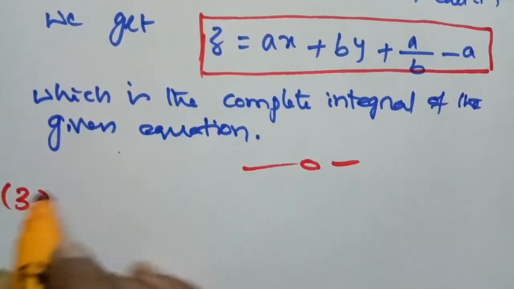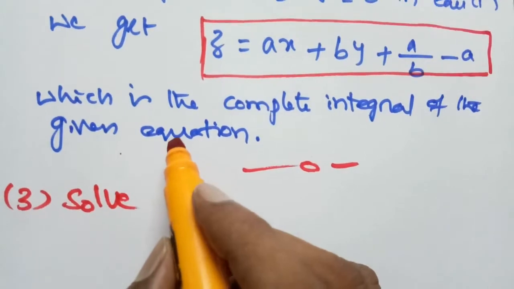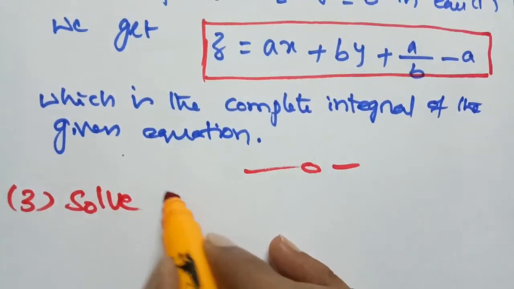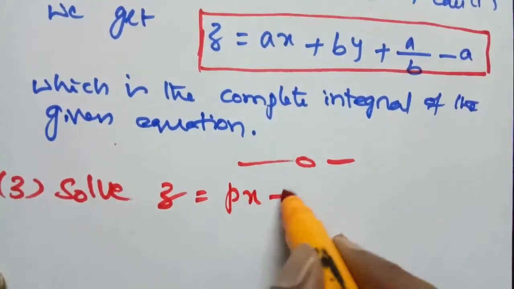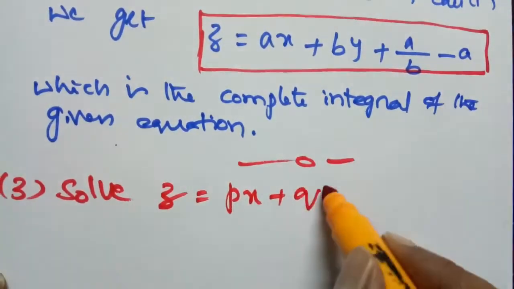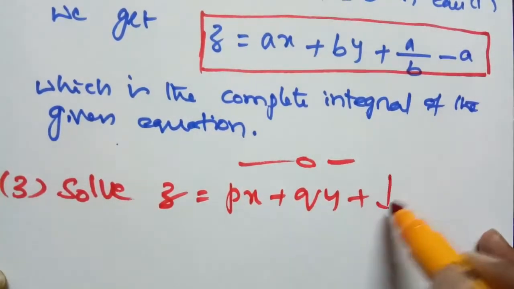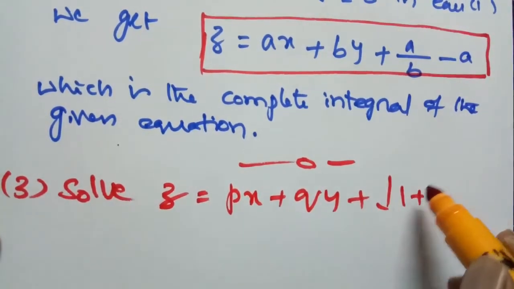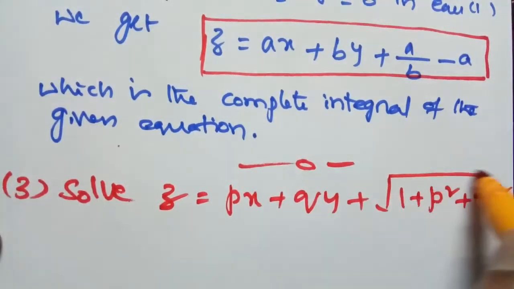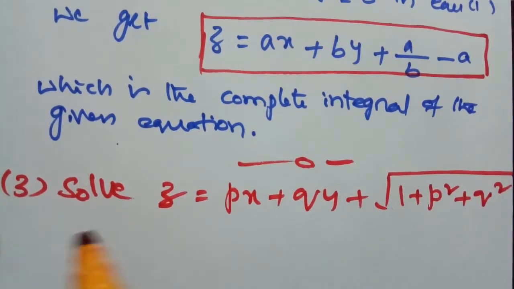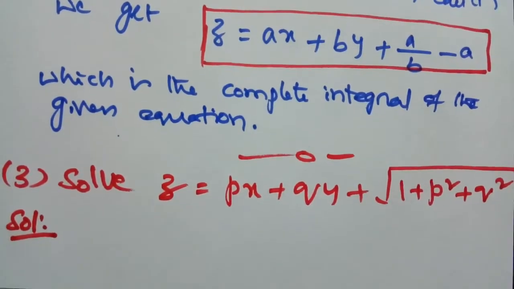Next, third one. Problem number 3. Solve z is equal to px plus qy plus square root of 1 plus p square plus q square. Now write down the given equation.